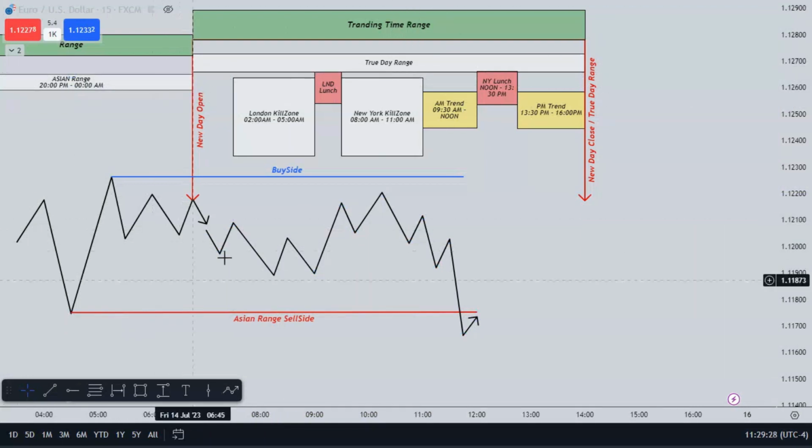In other words, if the Asian range is our clearest range low, right, within our whole daily move, if we're trading and we're within the AM trend, this could be the New York trend, the London trend, London kill zone or New York kill zone, PM trend or AM trend, right?